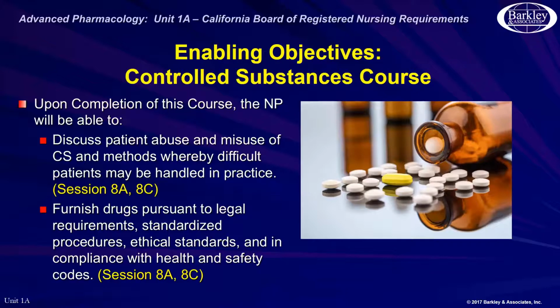These things will be discussed in the Introduction to Prescribing Controlled Substances and in Implications of Prescribing Controlled Substances Safely. Additionally, furnishing drugs pursuant to legal requirements, standardized procedures, ethical standards, and in compliance with health and safety codes will be discussed in these units as well.